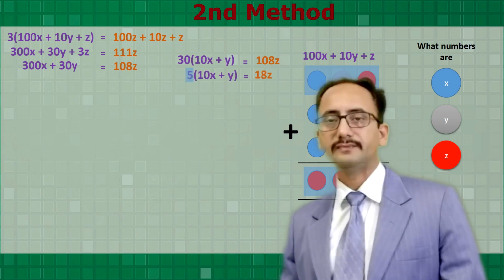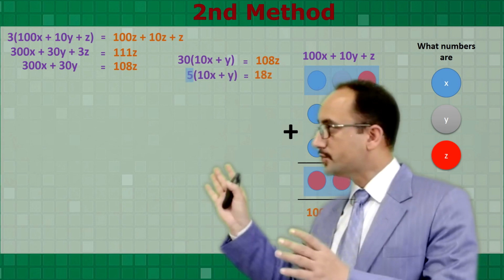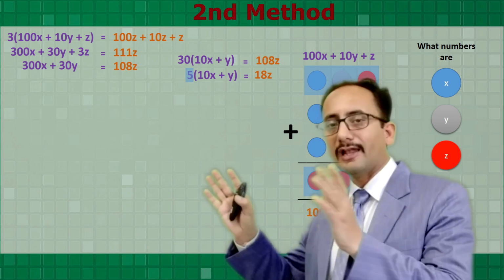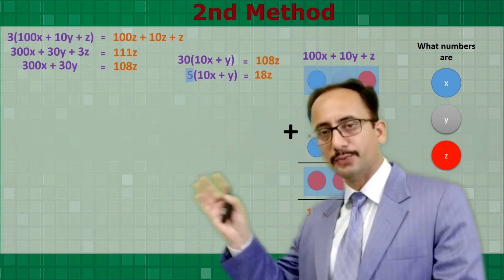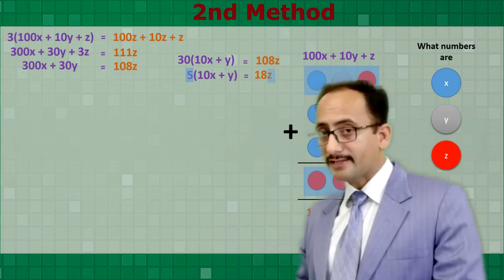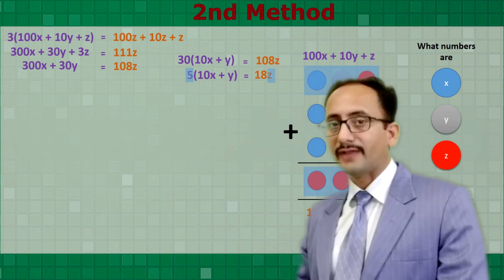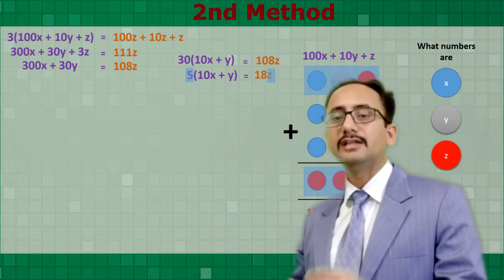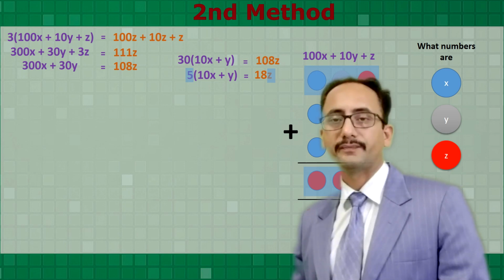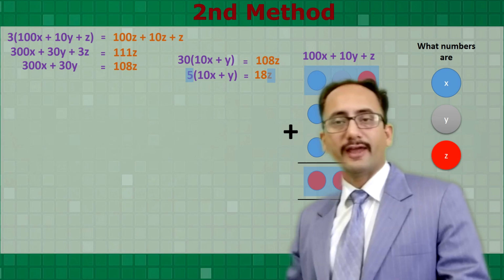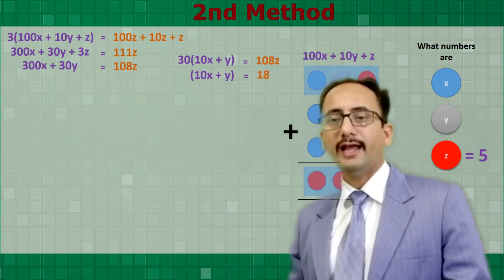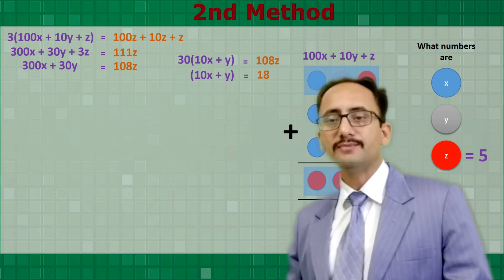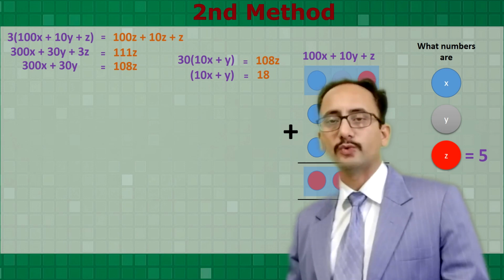From this equation it is very evident that the left hand side is a multiple of 5, which means the right hand side has to be a multiple of 5, and it is evident that the value of z is equal to 5. If I divide both sides by 5, I'll be left with 10x plus y equals 18.